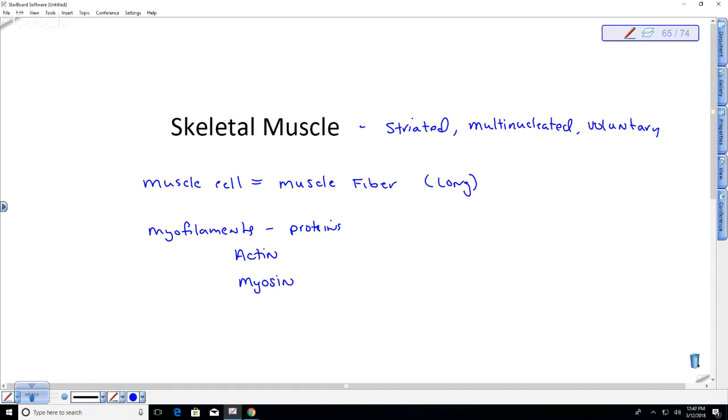Okay. The actin is considered to be the thin filament, and it has myosin binding sites.